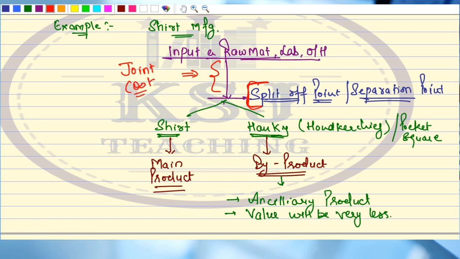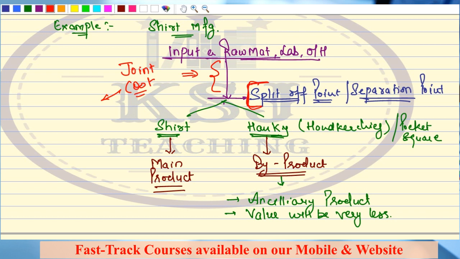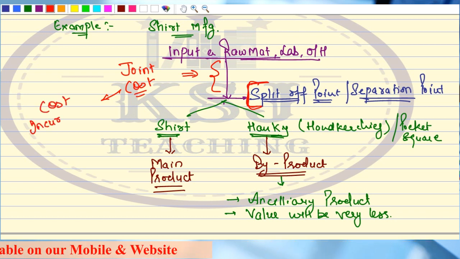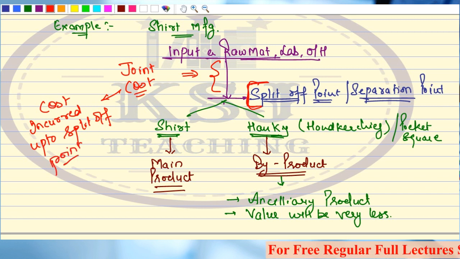Do not confuse between joint product and joint cost. Joint cost is the cost which is incurred up to the split off point, right?